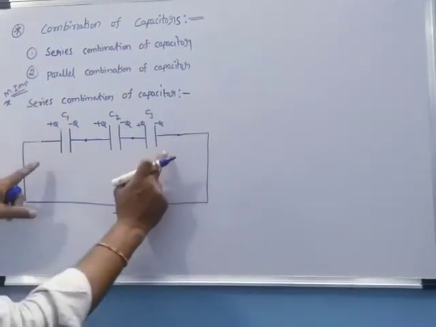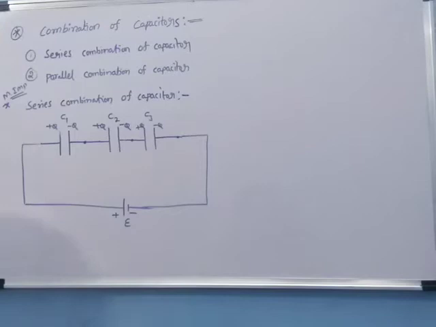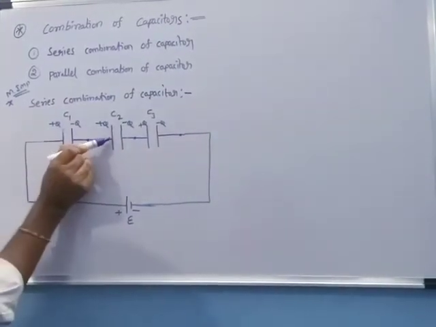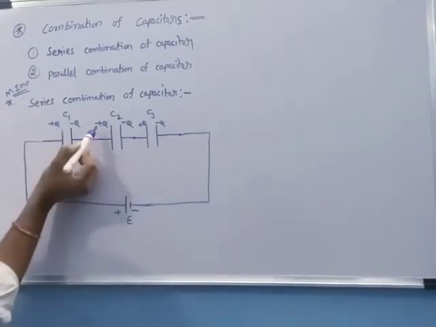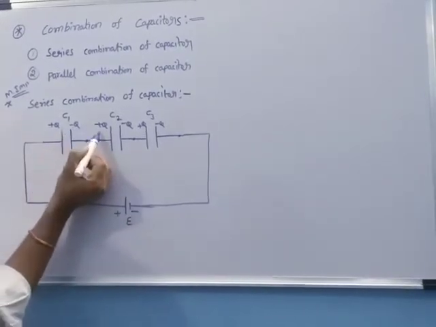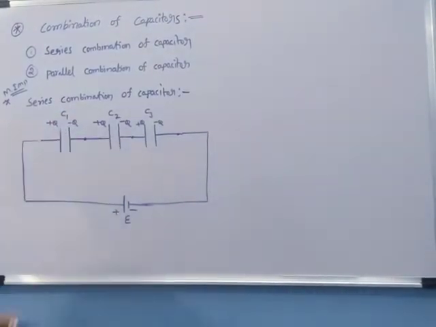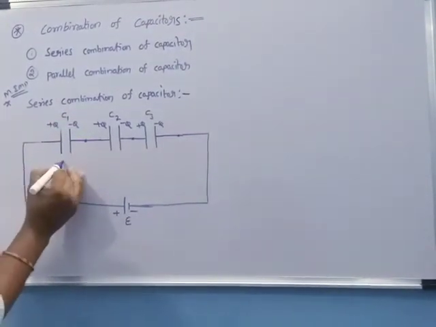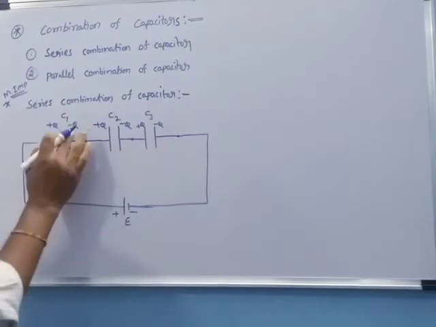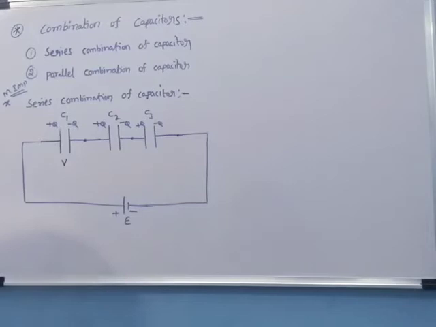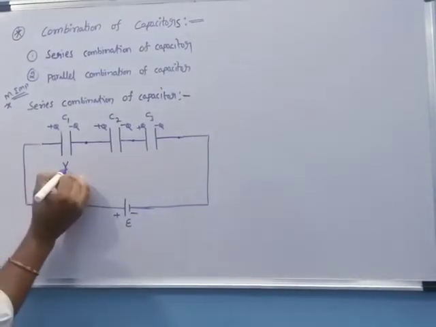Now the potential difference is there. Charge is transferred between the connected plates, so the negative charge is converted into positive charge. But the charge on each capacitor is constant; what changes is the potential.